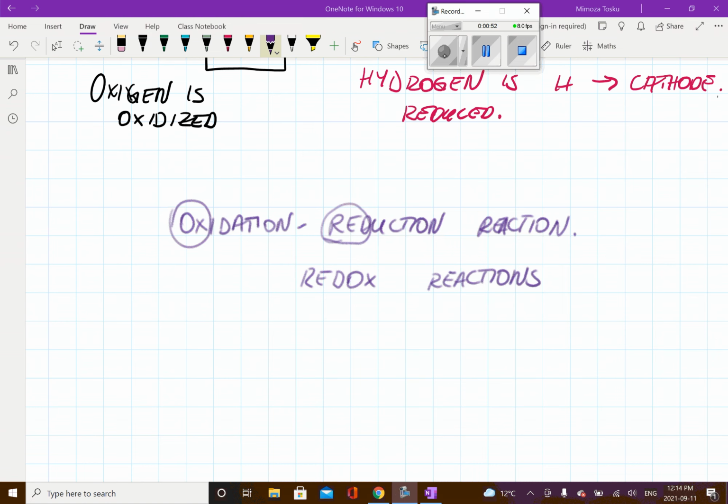Okay, so you may have heard that when an acid and base are reacting together, this is characterized as a proton transfer. But when oxidation and reduction, or a redox reaction, is happening, then during this reaction the electrons are transferred.